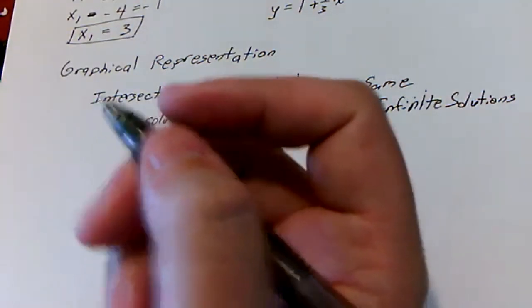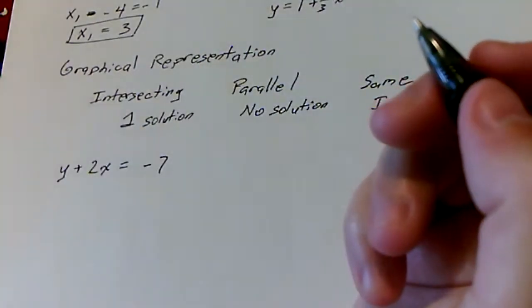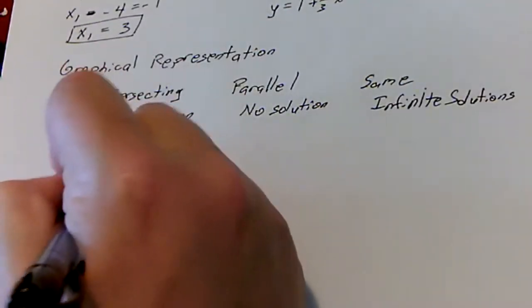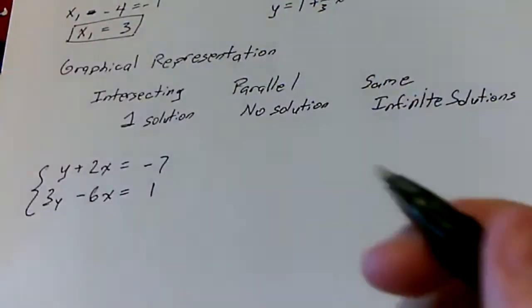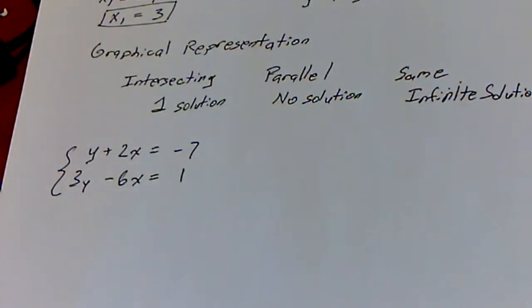Okay, so let's look at one more relatively easy system to deal with here. y equals 2x, y plus 2x equals -7, and 3y minus 6x is equal to 1. So we're trying to figure out how we can relate these two together.